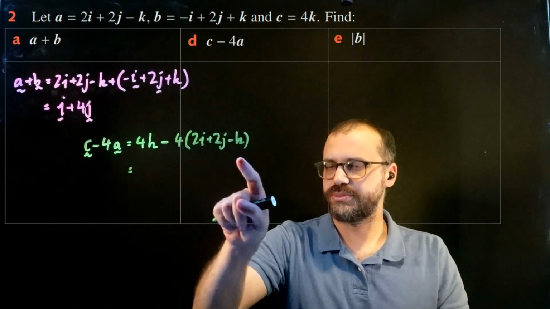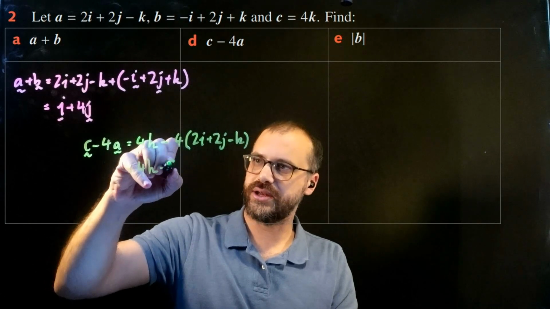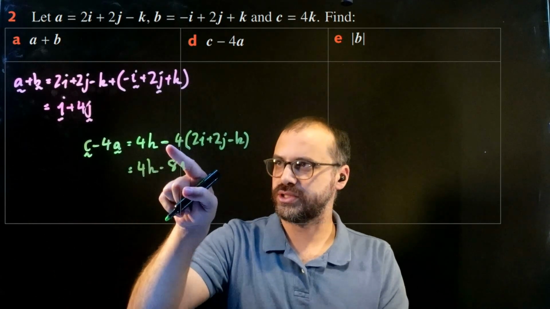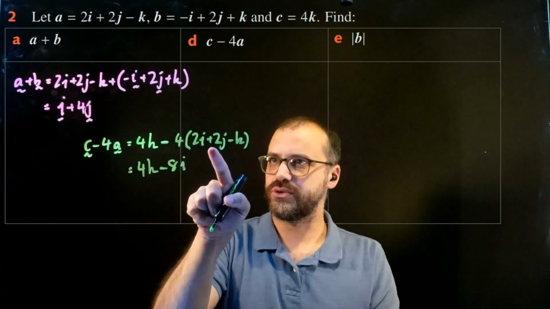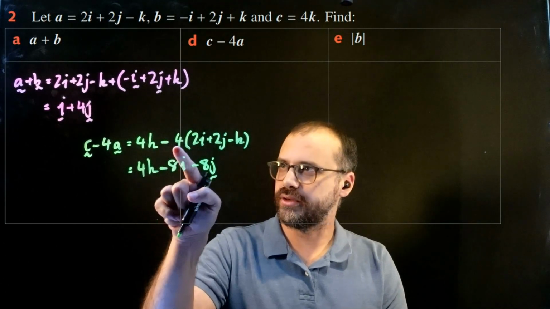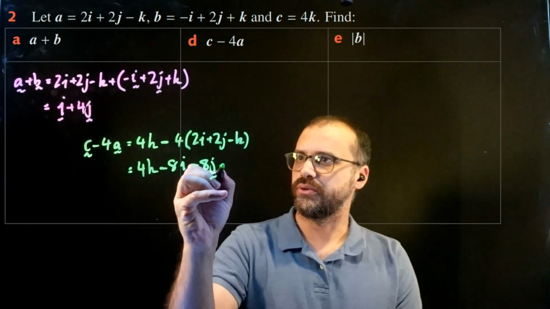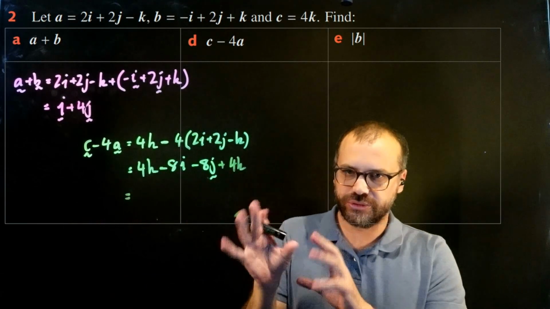All right, best to expand this bracket first. So we get 4k minus 8i. So it's negative 4 times 2i, which is negative 8i. And negative 4 times positive 2j, which is negative 8j. And then negative 4 times negative k, which is positive 4k. All right, let's group these like terms.